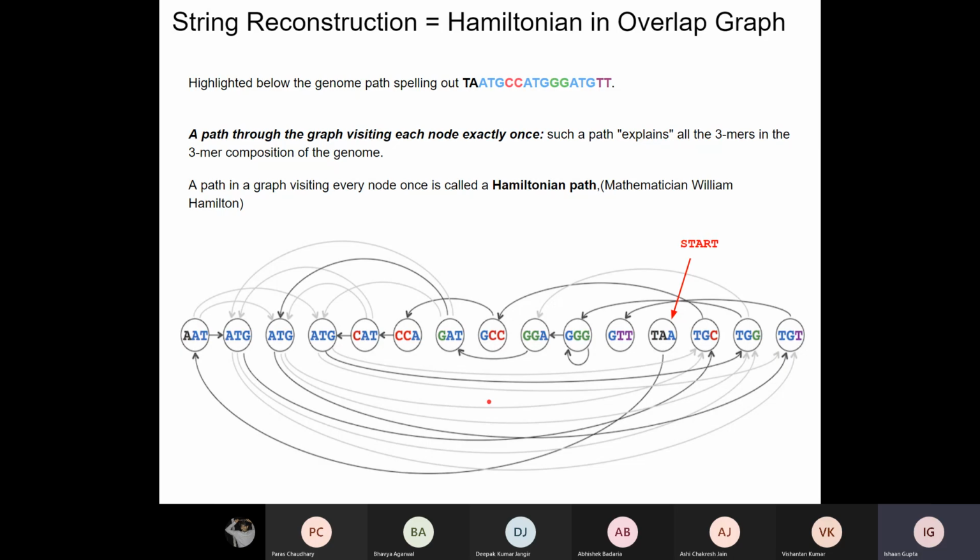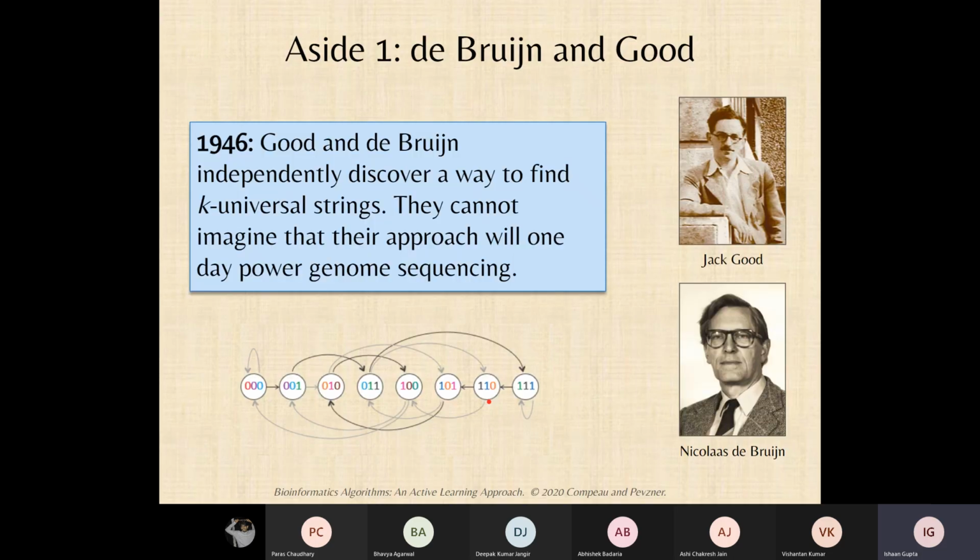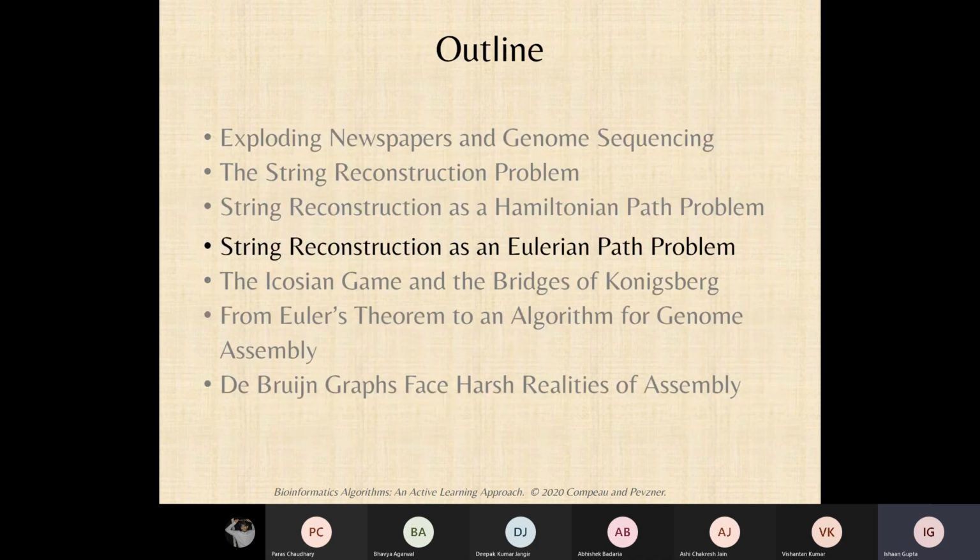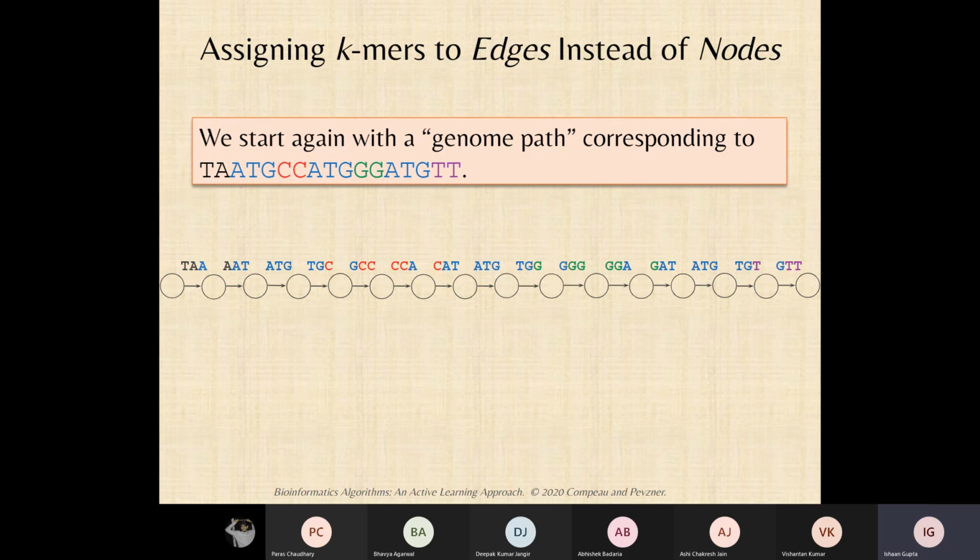In order to overcome this, I'm going to introduce you to another data structure, which was given by two mathematicians, Jack Good and Nicolaas de Bruijn, called the de Bruijn graph. The de Bruijn graph is doing something similar, but in a different way. Instead of representing your nodes as k-mers, you represent your edges as k-mers.